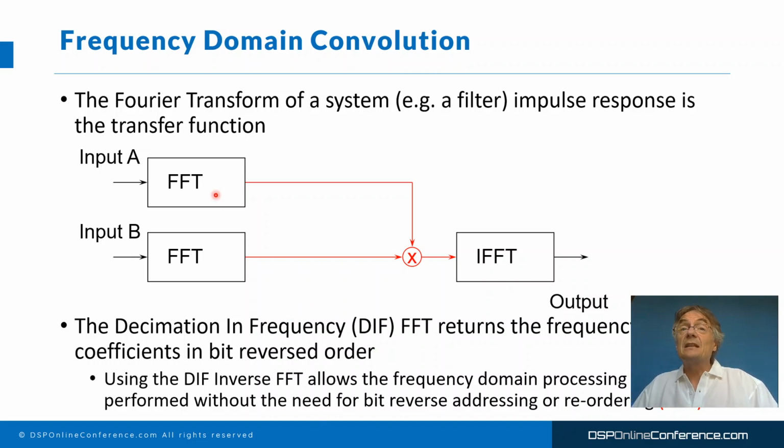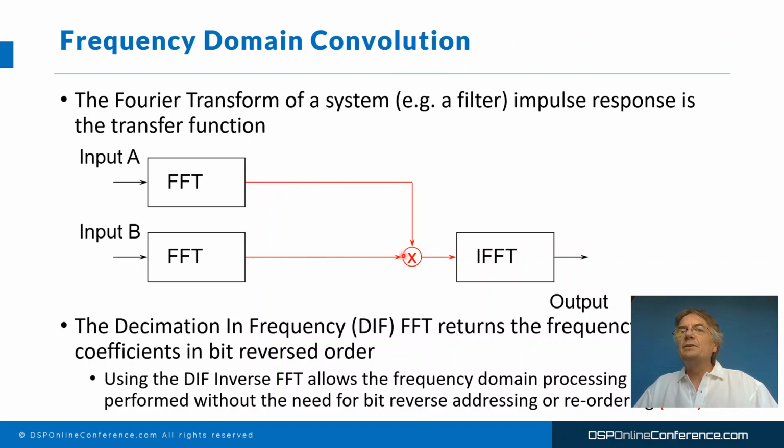But the other thing is that a side effect of the fast Fourier transform is that we need to use bit reversed addressing, either in the time domain or the frequency domain, depending on the algorithm that you choose. I'm not going to go into bit reversed addressing in this slide, but needless to say, if we use the appropriate fast Fourier transform, which is called the decimation in frequency fast Fourier transform, then the data shown highlighted in red is in bit reversed format.